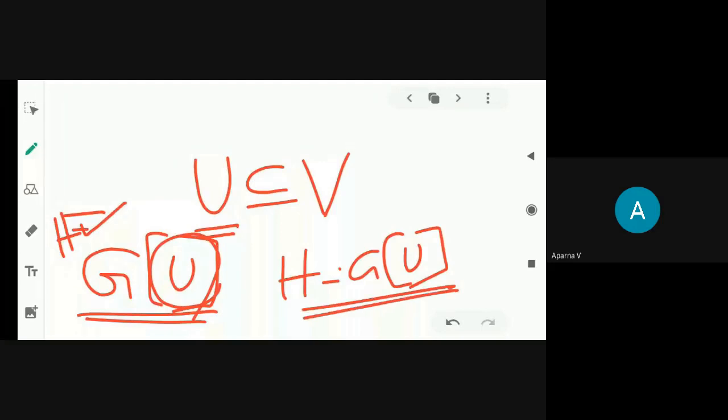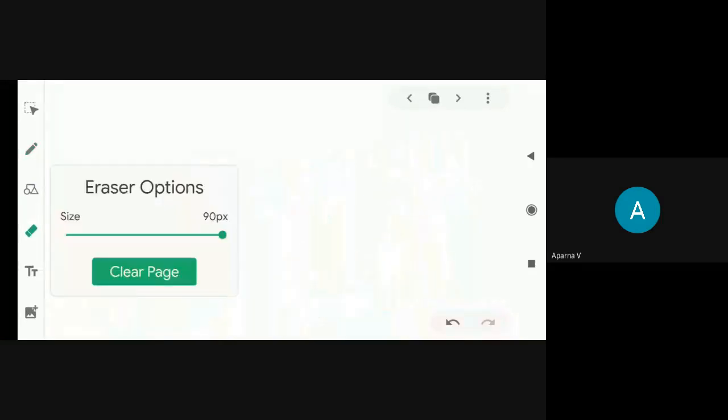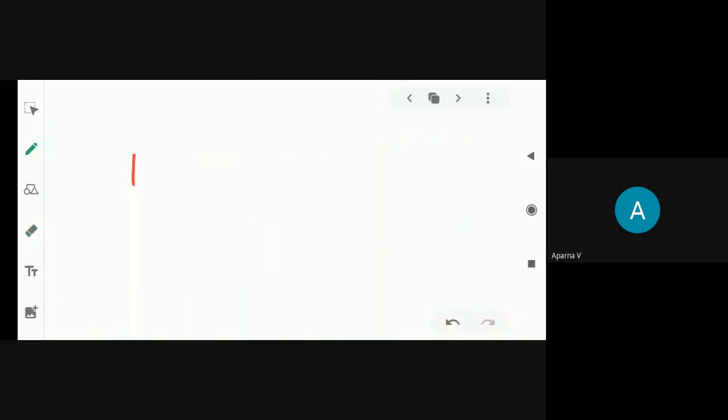What we require is that V of H is nothing but U. Then the question is, what is the edge set of H? Regarding graphs, two things are very important.